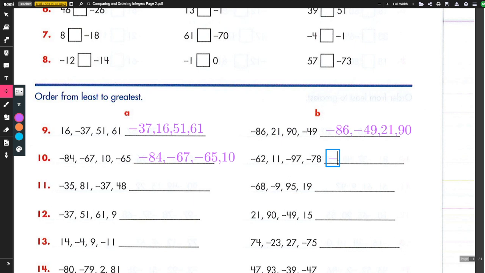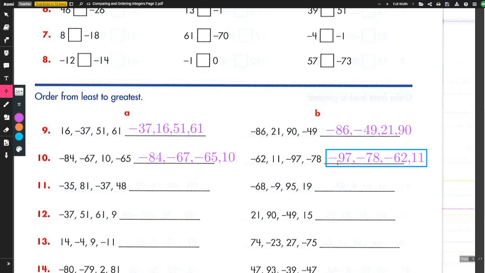Like the number exactly between 62, 97, and 78. Which one's the biggest? Well, it's 97 is the biggest if it was positive, so that must be the smallest. Which one's the next biggest if it was positive? Well, that's 78. But since it's negative, it's the next smallest. And then there's negative 62 is final.